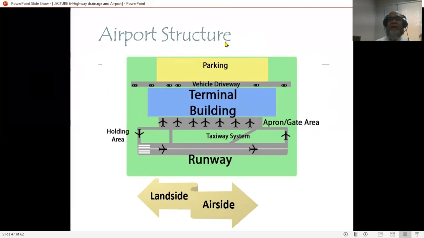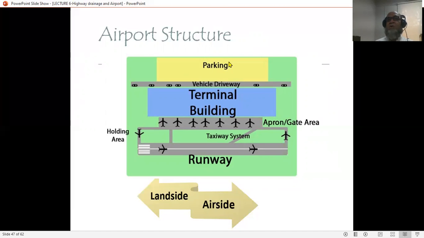There are two main categories of activity at an airport: landside activity and airside activity, and in between them, there is a transition. So I start with the landside.